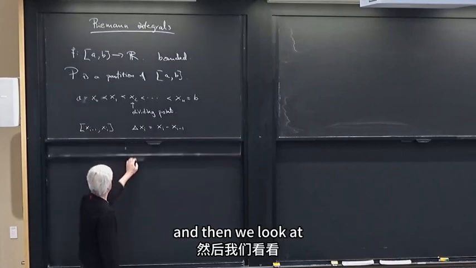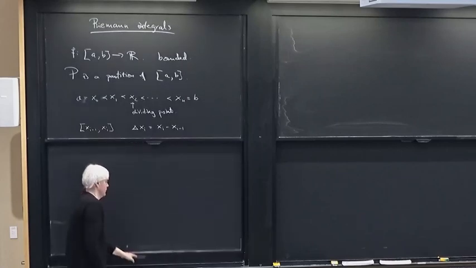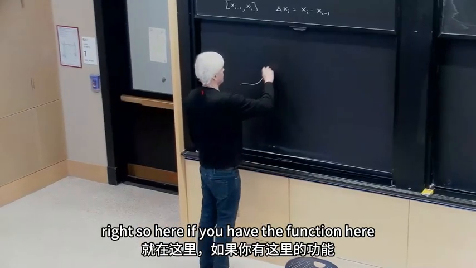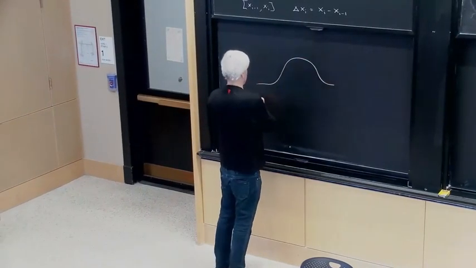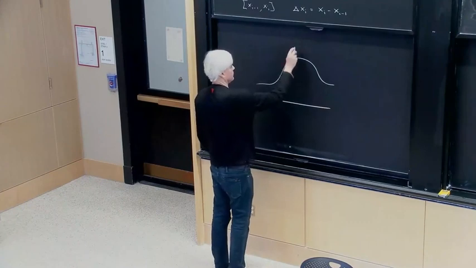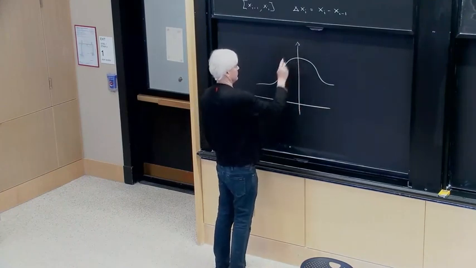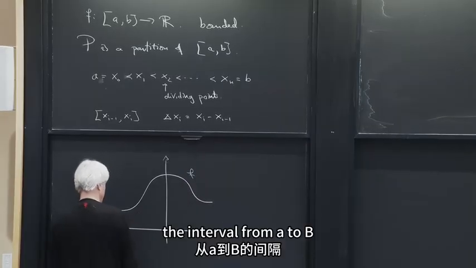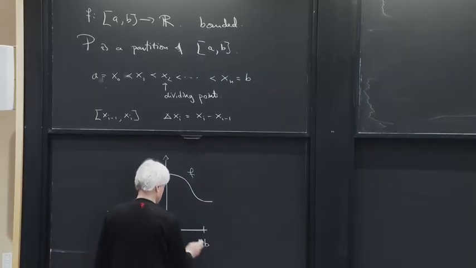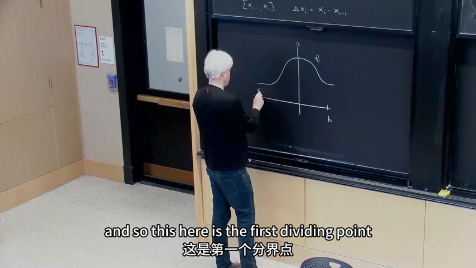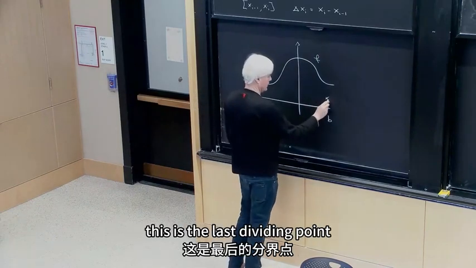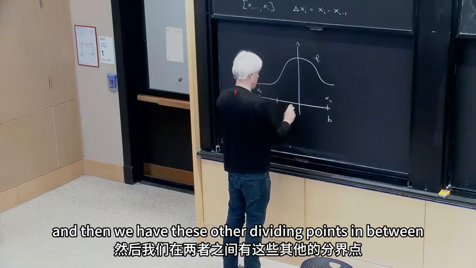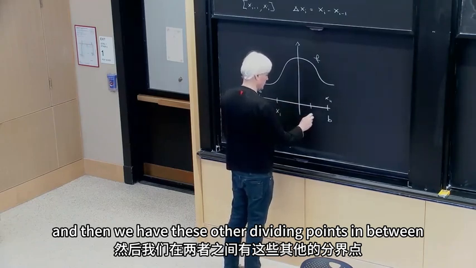Here, if you have the function, this is the function f, and here we have the interval from a to b. This is the first dividing point, this is the last dividing point, and then we have these other dividing points in between.